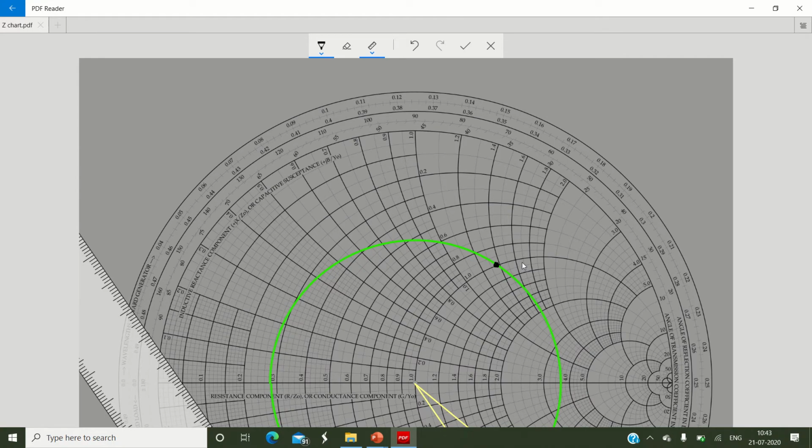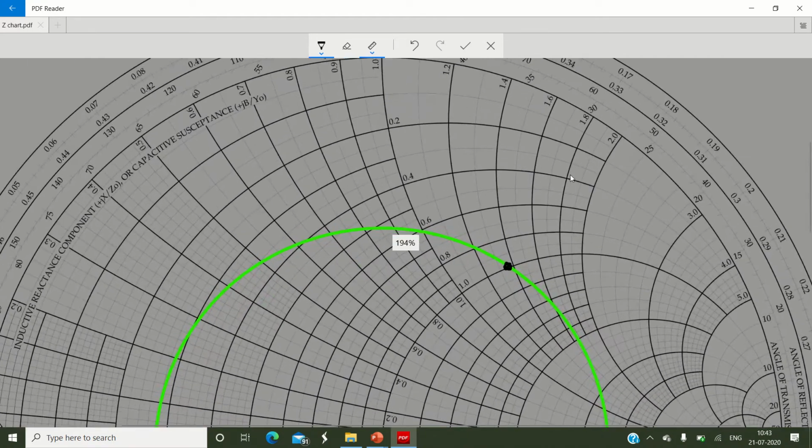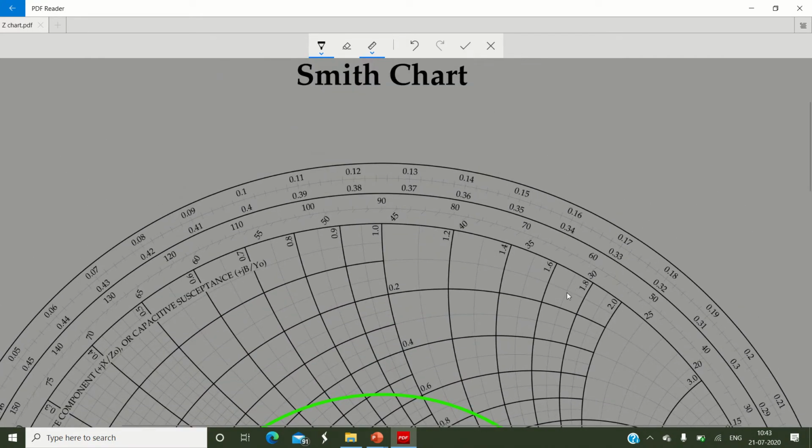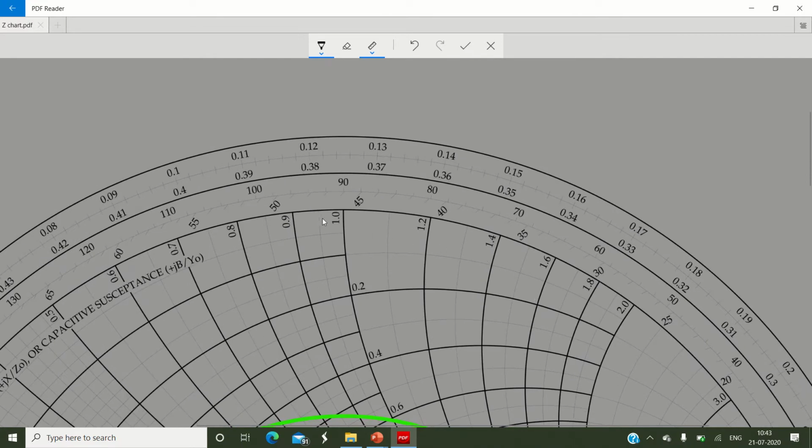Here I will zoom out this Smith chart. If you observe the periphery, these are the reactance curves 1, 1.2, 1.4, and I want to locate the curve representing positive 1.39. It will be somewhere close to 1.4.